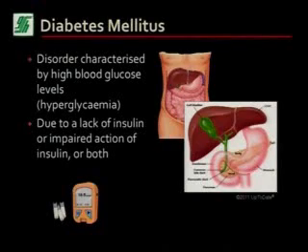One is from a lack of insulin, so the pancreas is not able to produce insulin. And two, there is a problem with the usage of insulin at the cell level. So at your muscle level, there is insulin resistance. You may have insulin, but many organs in the body are not able to utilize the insulin.